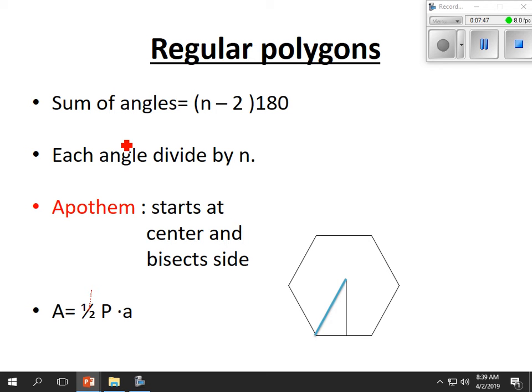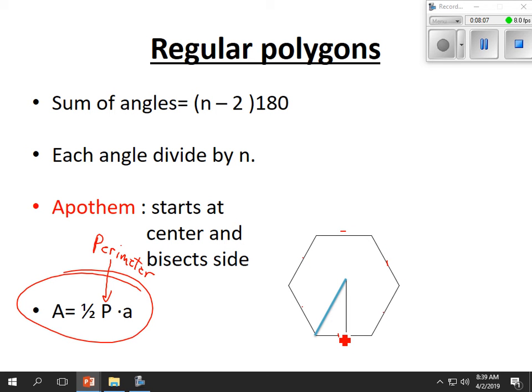In a polygon, if it's a regular polygon and we're trying to find the area, the formula is going to be this. 1/2 times P times A. The P stands for perimeter. And you find the perimeter just by adding up all the sides. Here we have 6 sides.